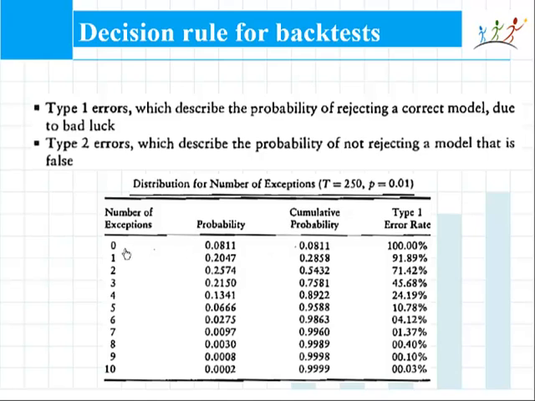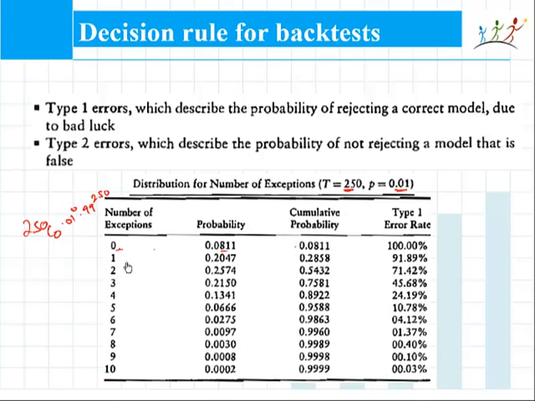So with 250 observations and a 99% confidence level, or a level of significance of 1%, we calculated that the probability of seeing 0 exceptions is 8.1%. That is 250 C 0, 0.01 to the power 0, 0.99 to the power 250.